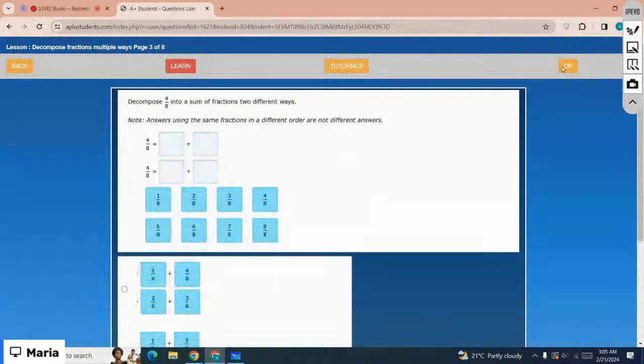Okay, the next one is decompose 4 over 8 into a sum of fractions two different ways. Which is the correct option?